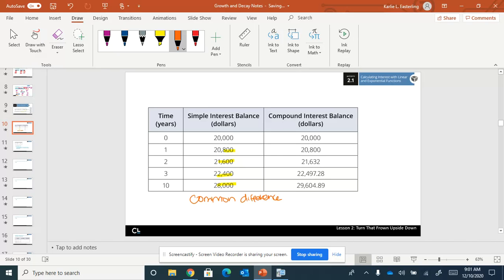The compound interest balance, you can tell that the first time it goes up by $800, but then it goes up by $832. So this one is not increasing by the exact same thing every time. So that is why we know this one has a common ratio.